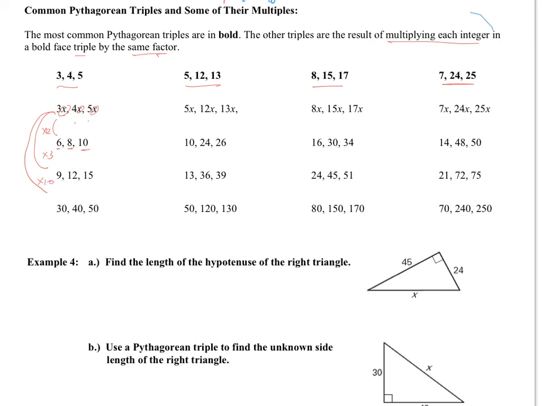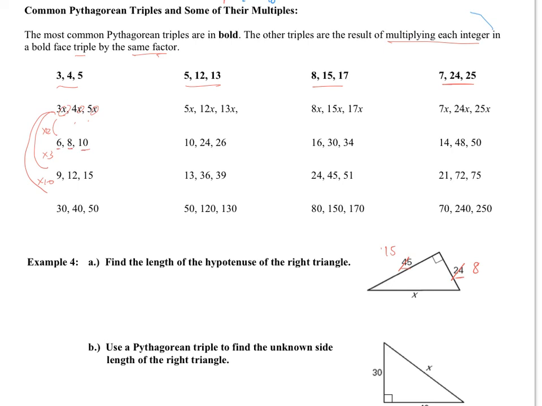So if we look at example 4 here, part A, find the length of the hypotenuse of the right triangle. Well, we can simply use the Pythagorean theorem, but these numbers will be very big, so it would be wise of you to first simplify by their greatest common factor. Let's see, for 24 and 45, the GCF should be 3, so divided by 3 is 8, divided by 3, we have 15.